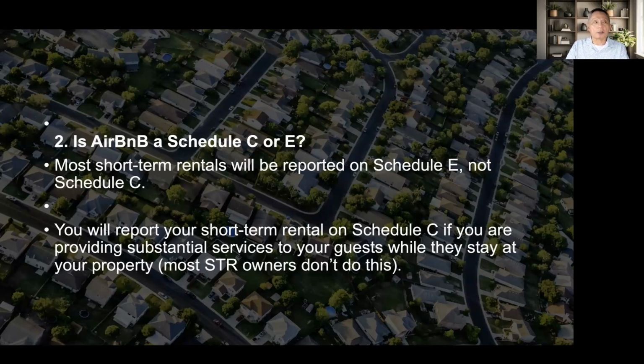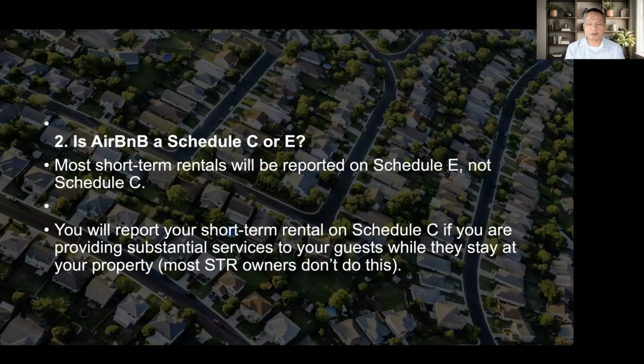If you rent your short-term rental for 30 days or more, and you provide additional services, like a hotel concierge service, what they mean is you provide the guests, for example, with a rental car to use, or you show them around, you do some excursion with them, and you provide breakfast for them in the morning.